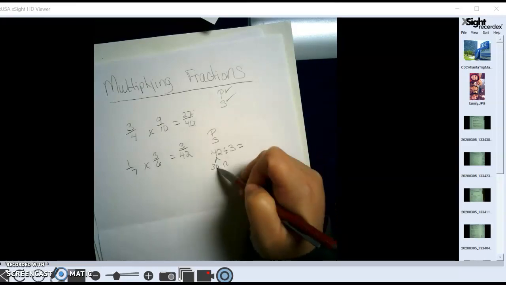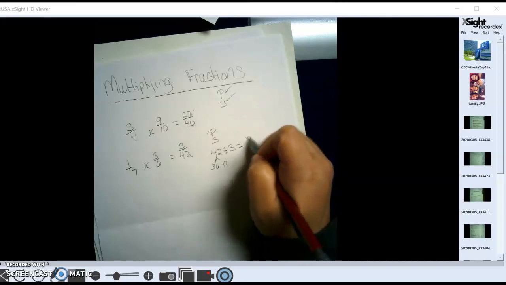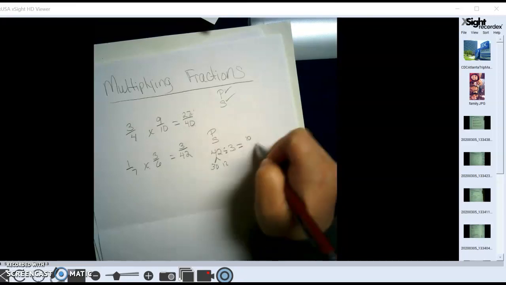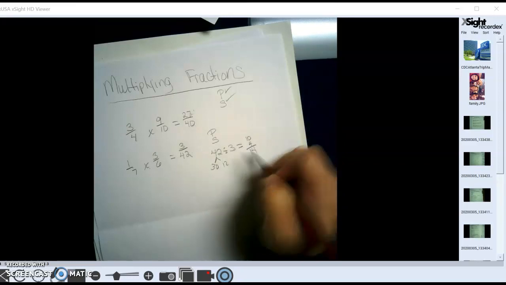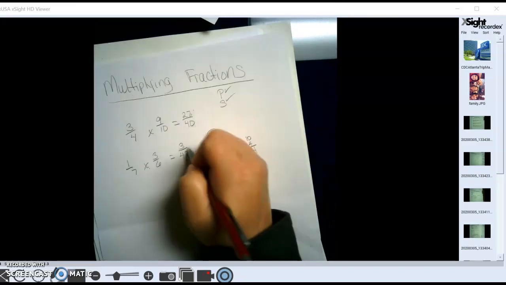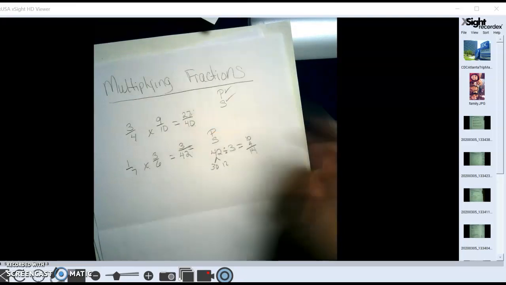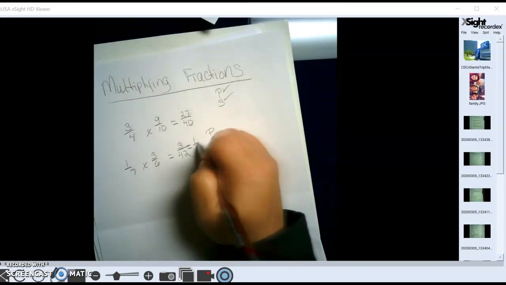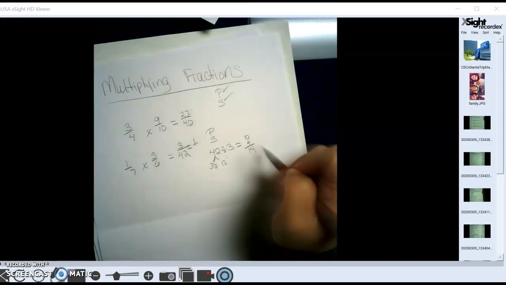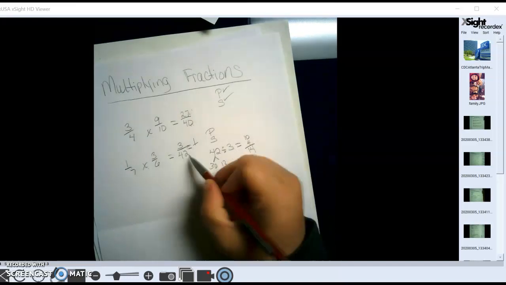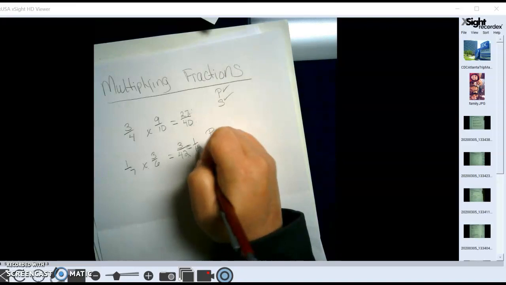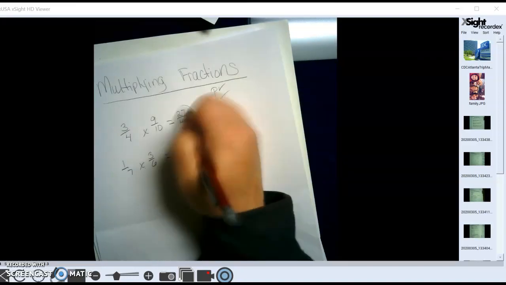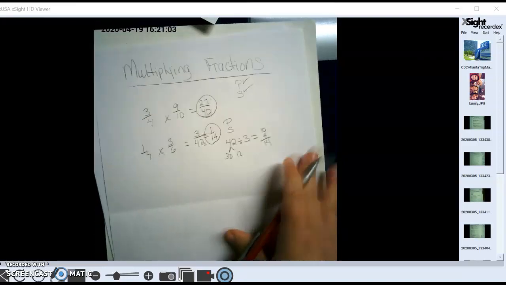So 3 goes into 30 10 times, and 3 goes into 12 4 times, so 14. So 3 times 14 is 42. So I can simplify this fraction. 3 divided by 3 is 1. 42 divided by 3 is 14. So this is my final answer. Remember, I told you to always circle your final answers.